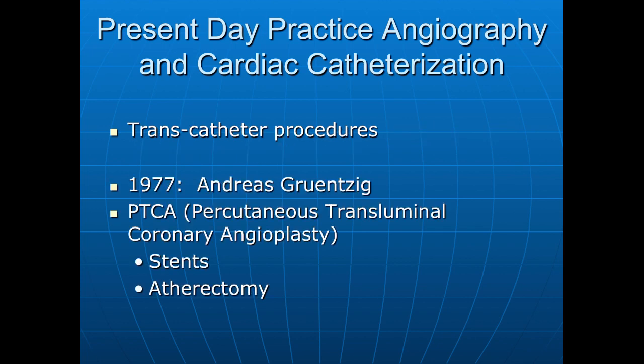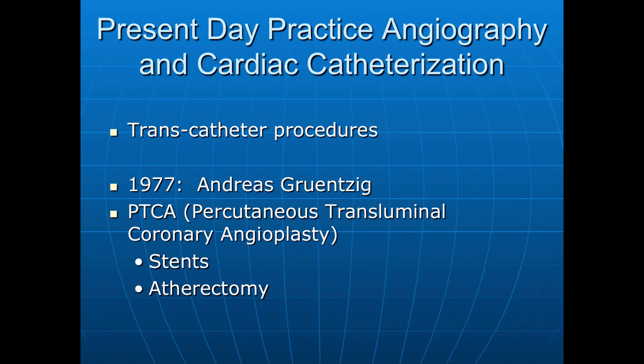So just about all the procedures that we've talked about today are transcatheter procedures. That means these procedures can be done in an interventional radiology suite. They can be done in a cardiac cath lab. Sometimes they're performed in what we call hybrid rooms, where you can do any of these procedures in any room.